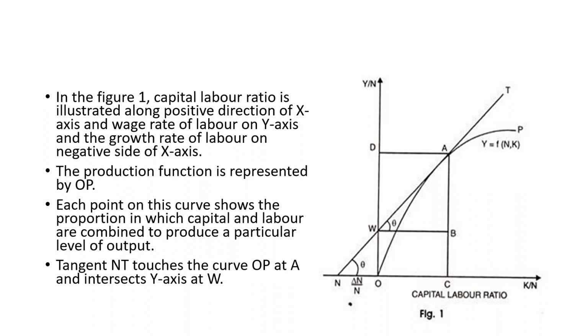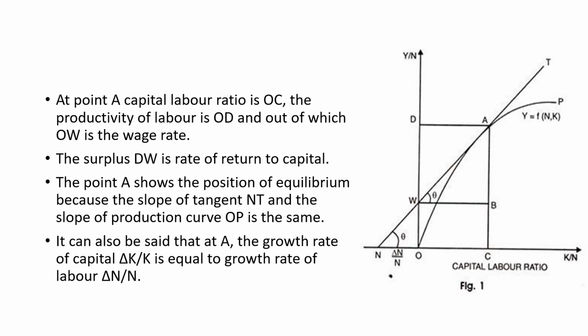The production function is represented as OP. Each point on the curve shows the proportion in which capital and labor are combined to produce a particular level of output. Tangent ND touches the curve OP at point A and intersects the y-axis at W. At point A, the capital labor ratio is OC, the productivity of labor is OD, and out of that, OW is the wage rate.